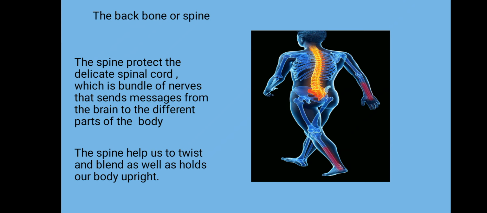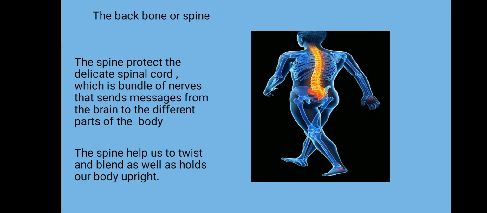The spine protects the spinal cord that is present inside the vertebrae. You have the outside portion, which is the spine, and inside is the spinal cord, which is a bundle of nerves that sends messages.